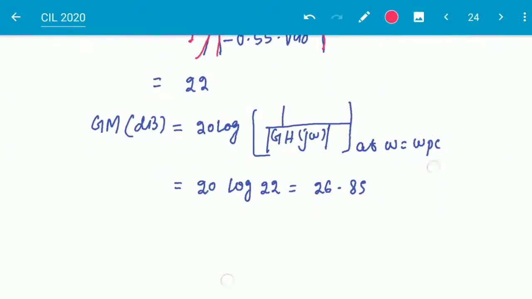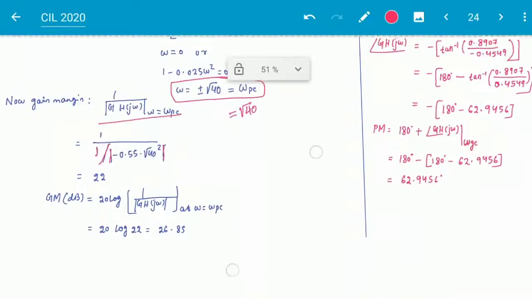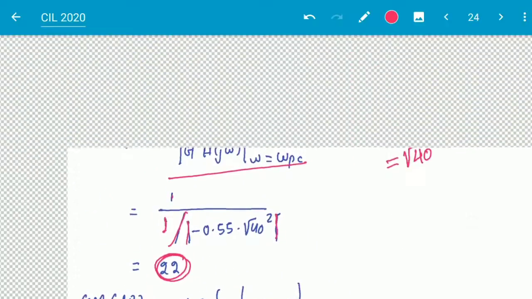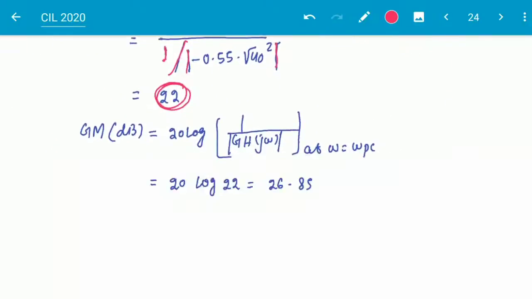here we are getting 22, and in case of decibel, the gain margin in decibel is equal to 20 log gain margin.